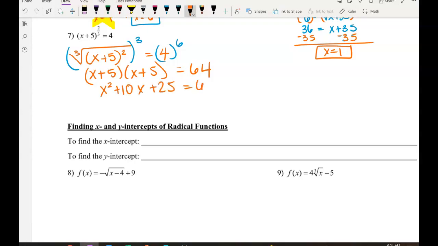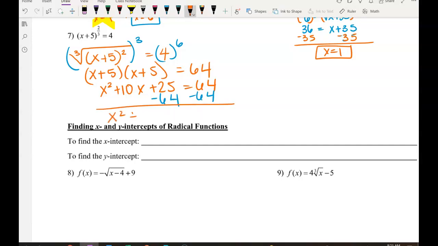Perfect. Equals 64. What do you think we need to do next, Nolan? No, remember. Set everything to 0. So that means we do need to subtract something. 64. Okay.